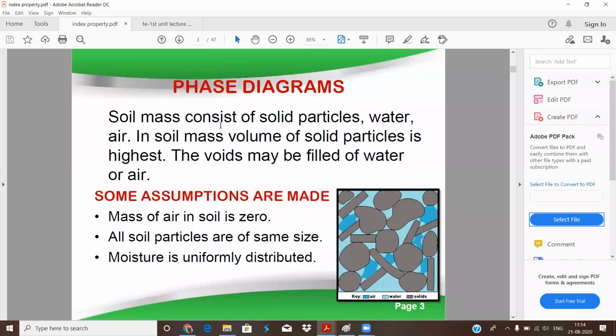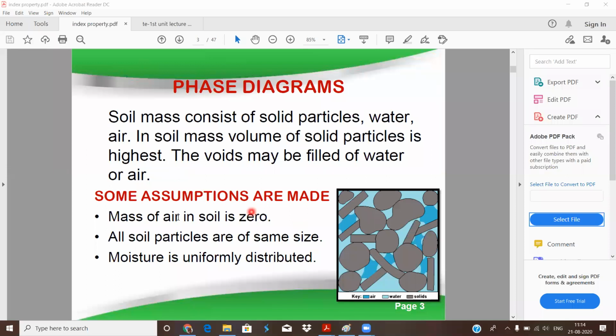Soil mass consists of solid particles, water, and air. Water and air are present in the voids of the solid particles. In a soil mass, the volume of solid particles is highest. Generally, if you take any soil, most of the volume is solid particles only, with a small amount of voids, and those voids may hold water and air.